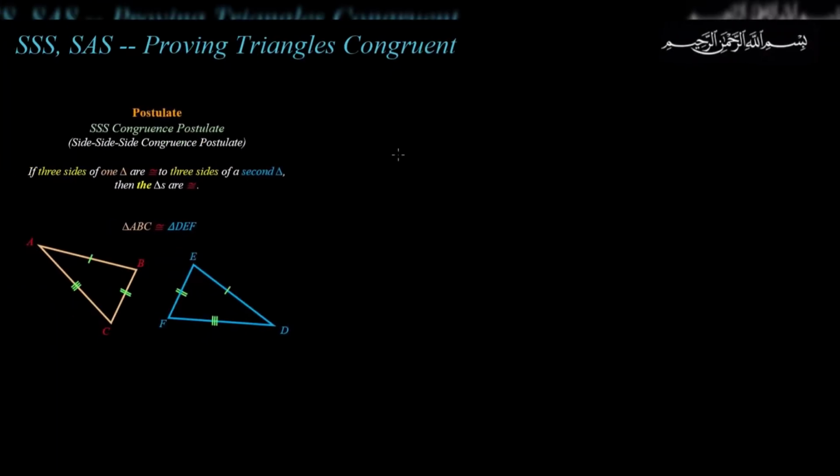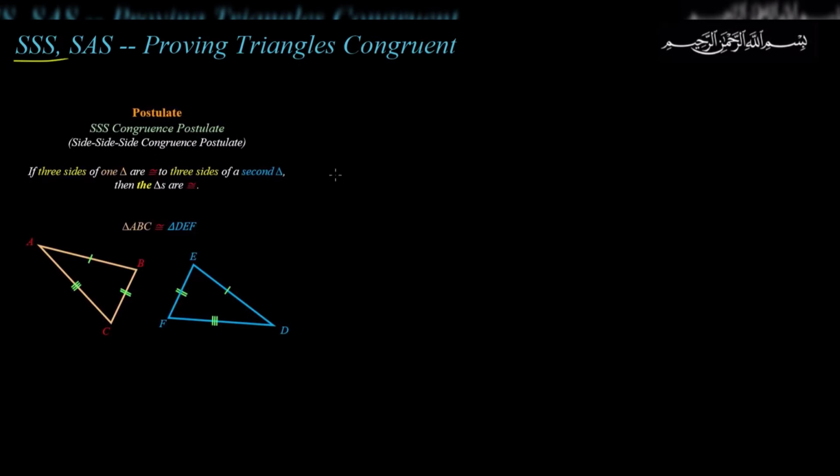Okay, so here is the first postulate. Now, these are both going to be postulates. In other words, we're not going to be able to prove that these are true. So this is the first postulate we're going to learn today, and this is the side-side-side triangle congruence postulate.